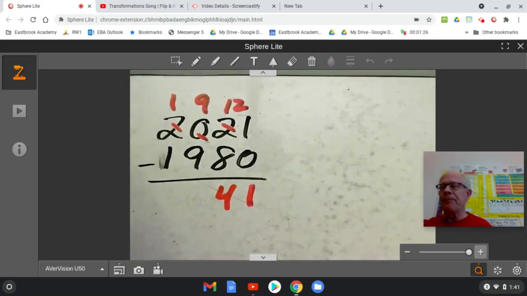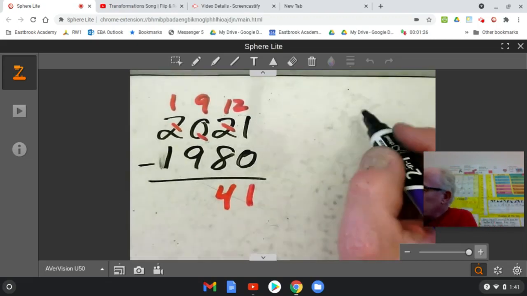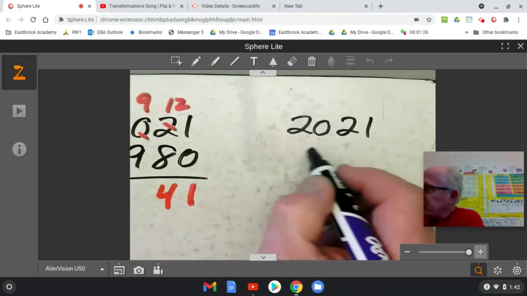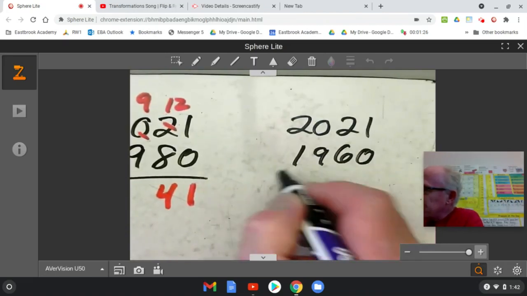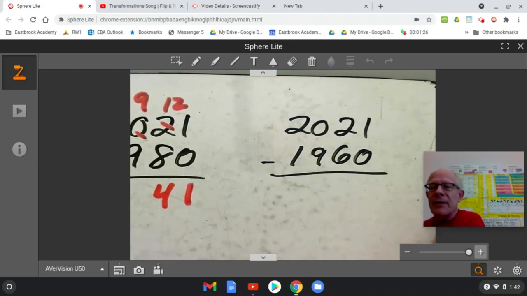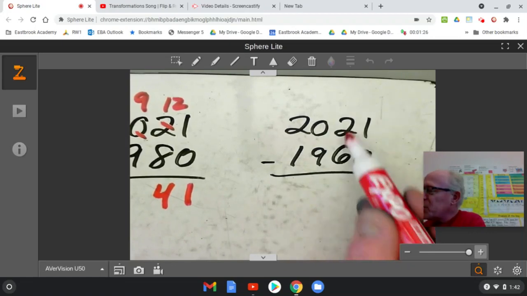Let's pick another one. Say someone was born in 1960, and we want to know how old that person is. We would do 2021 minus 1960. How do we do that? Well, let's subtract. Can we do 1 minus nothing? Yes, 1 minus nothing is 1. Can we do 2 minus 6?